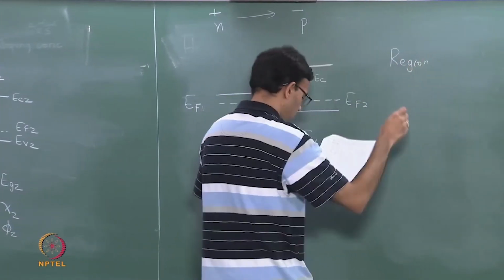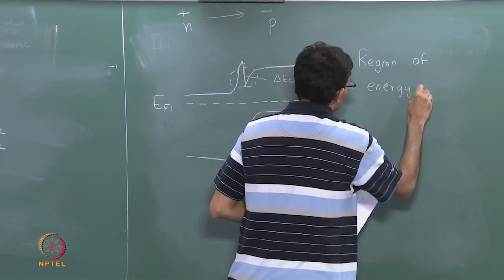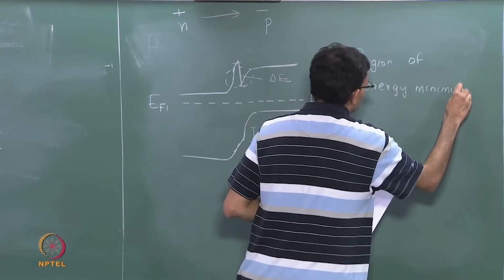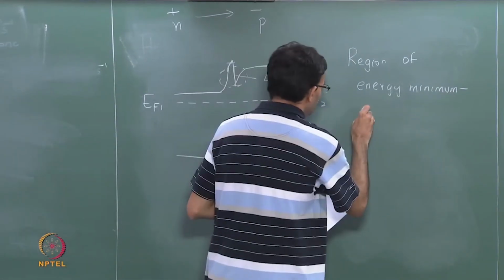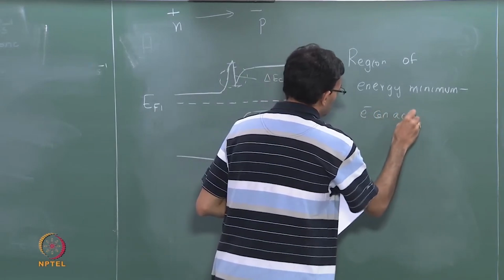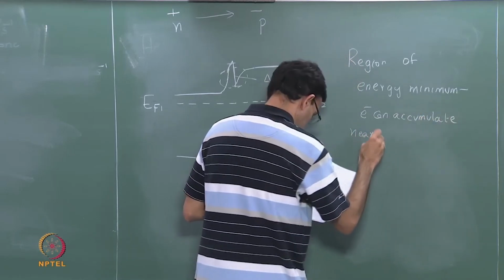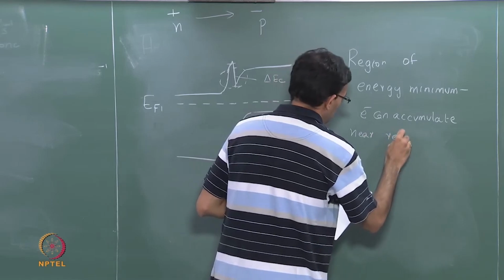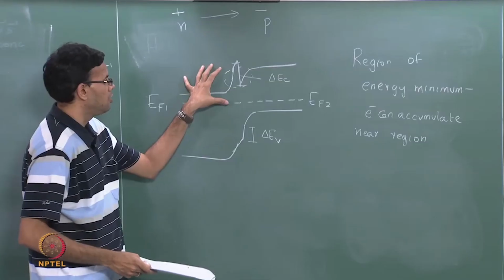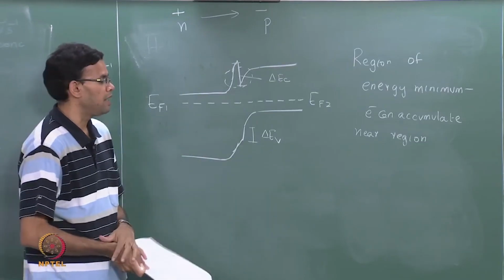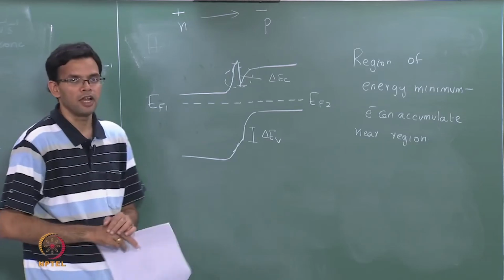There is a region of energy minimum, which means electrons can accumulate near that region. Also, the energy barriers are different for the conduction band and the valence band. So, the barriers are different for the electrons and holes. So, this can again affect the conductivity of the heterojunction.